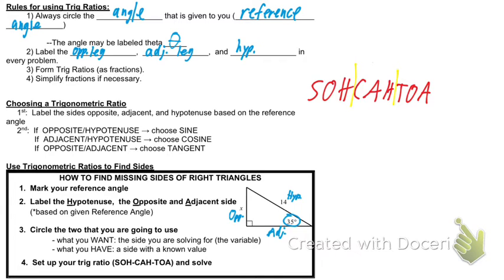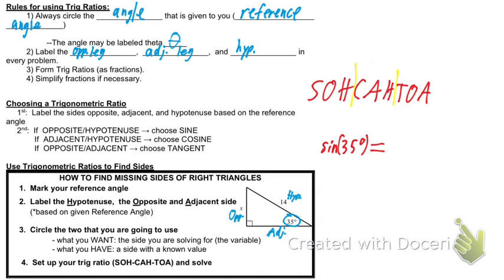So what we do is we set up our ratio the best we can. Like I said before, we take sine, cosine, or tangent of the angle, angle A or angle B. In this case, we'll take the sine of 35 degrees, because what's my angle measure? 35 degrees. That's going to be equal to, sine is blank over blank.